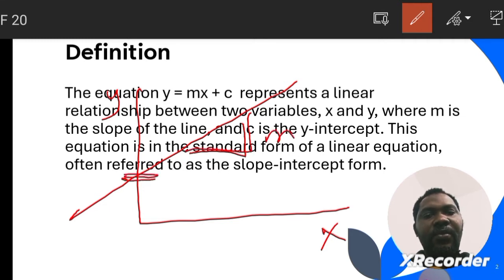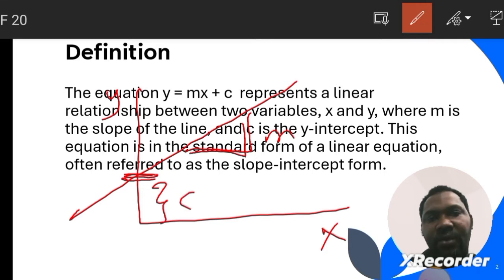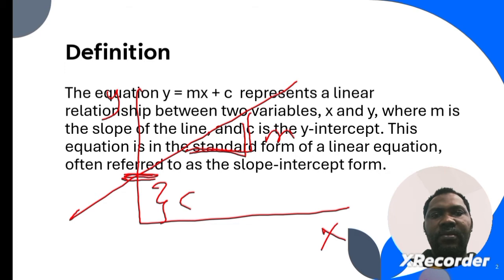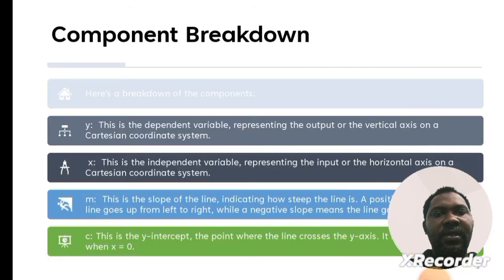Intercept means where the graph touches the y-axis, and the intercept here is c. So this is what we are trying to deal with in this video. Let's move on.